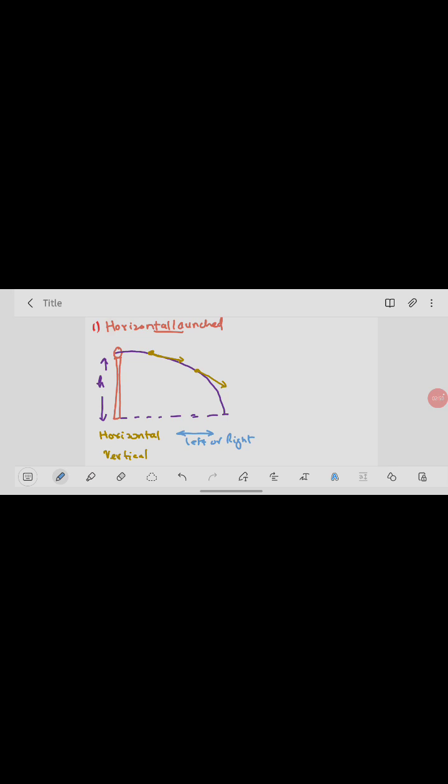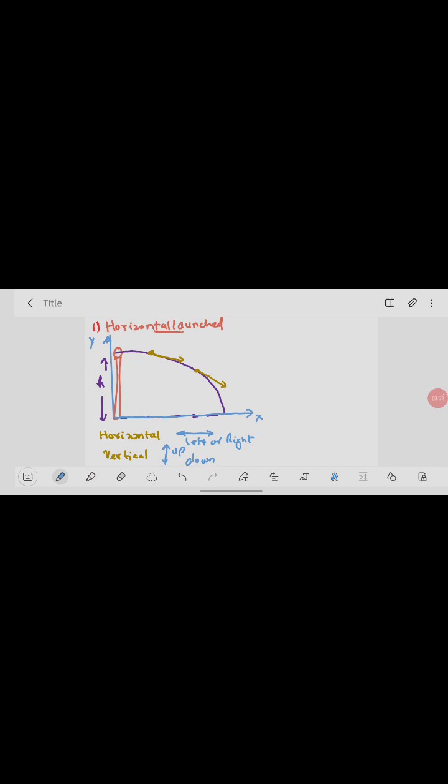Vertical means up and down. If I ask you where is vertical and where is horizontal, you can easily say this is horizontal and this one is vertical. We can say this is the x-axis and this is the y-axis, horizontal and vertical.